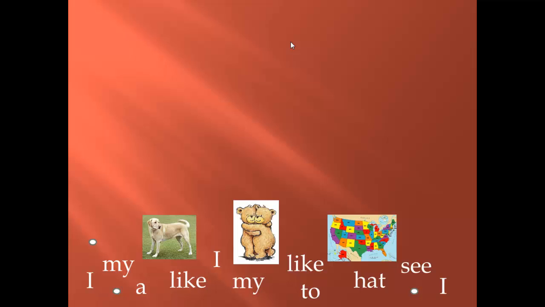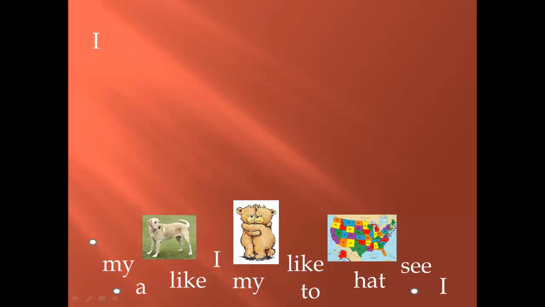Let's build some sentences that have other words in them that we should already know. Okay, so the first sentence we need to build is I like to hug my dog. This is our biggest sentence yet. Alright, so find the word I. You should be pointing to the one that looks like this. So I like.